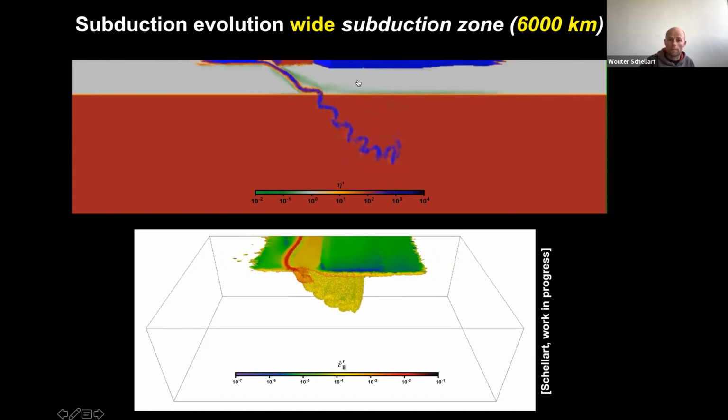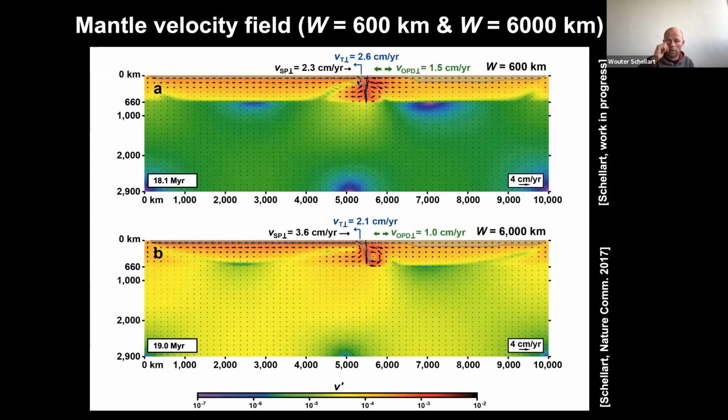Okay, interesting. So narrow slabs have a high VT, slow VSP, and are characterized by back arc extension. The wide slab model, here at the bottom, is characterized by high VSP, low VT, and in general, overriding plate shortening except for the upper mantle subduction phase.